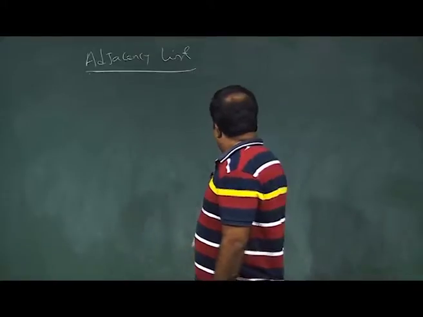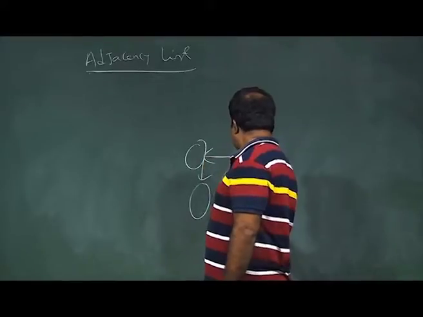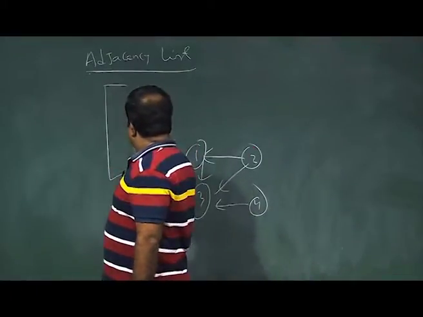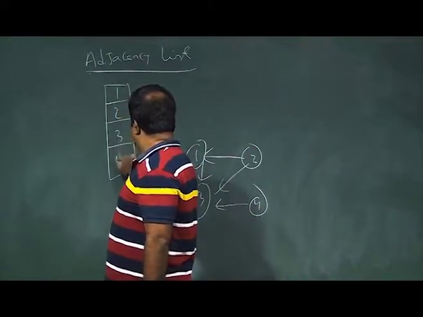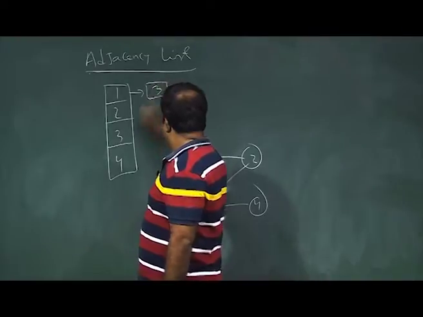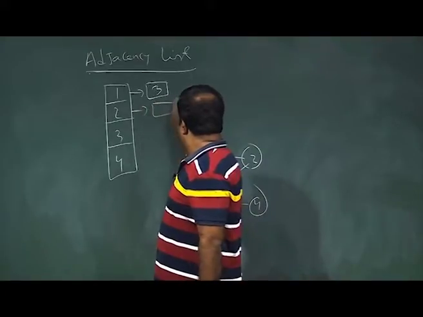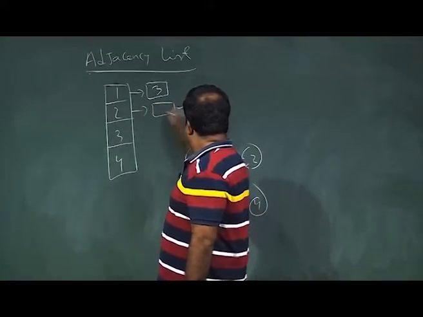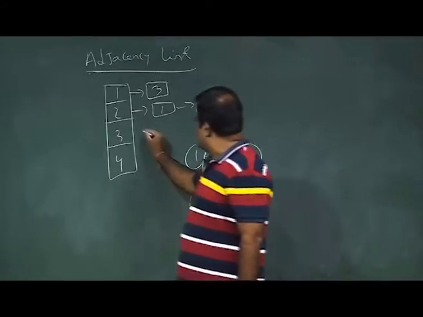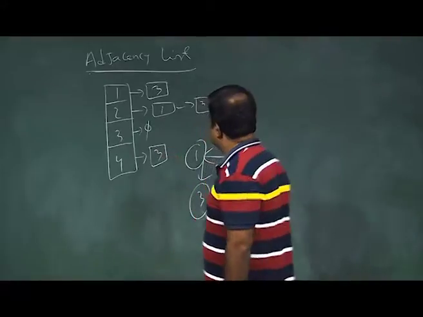So, for example, if we had that graph 1, 2, 3, 4, so we have V1, V2, V3, V4. Adjacency list means 1 is connected with 3. 2 is connected with 1 and 3. 3 is empty, and from 4 we have 3. So, this is the adjacency list.